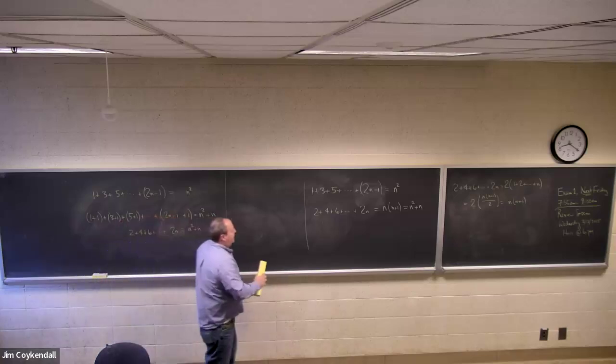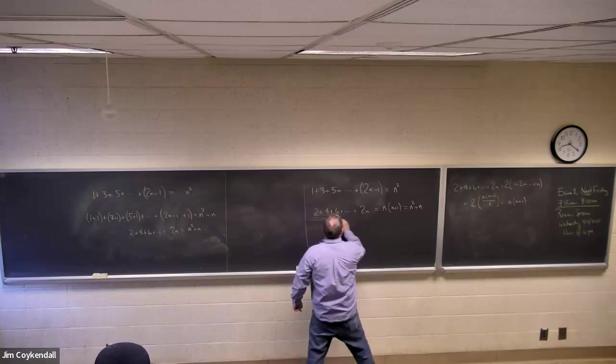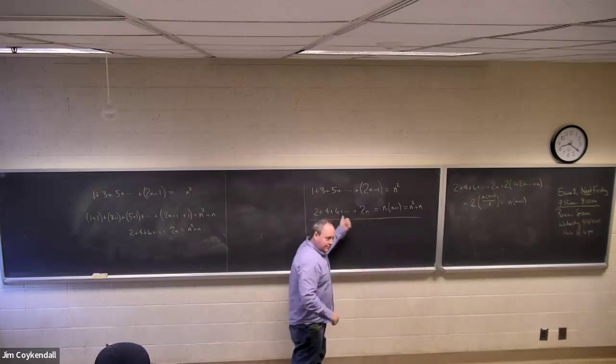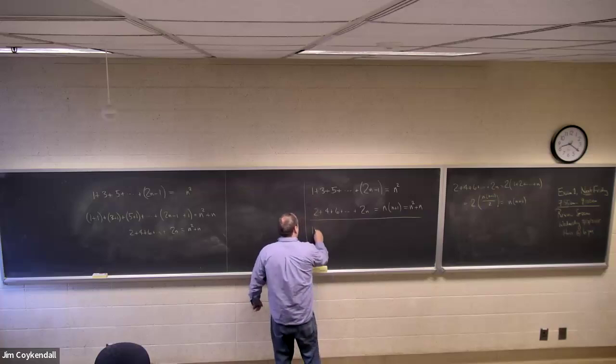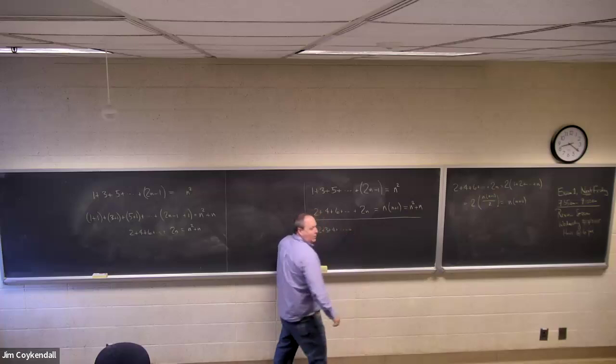And one last look here. Now that we know this, what happens if I add these two equations? All right, I get 1 plus 2 plus 3 plus 4. And where do I quit?